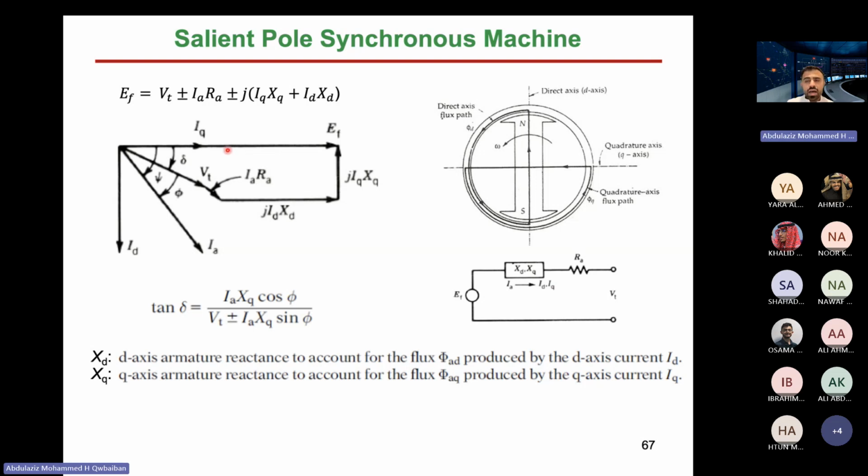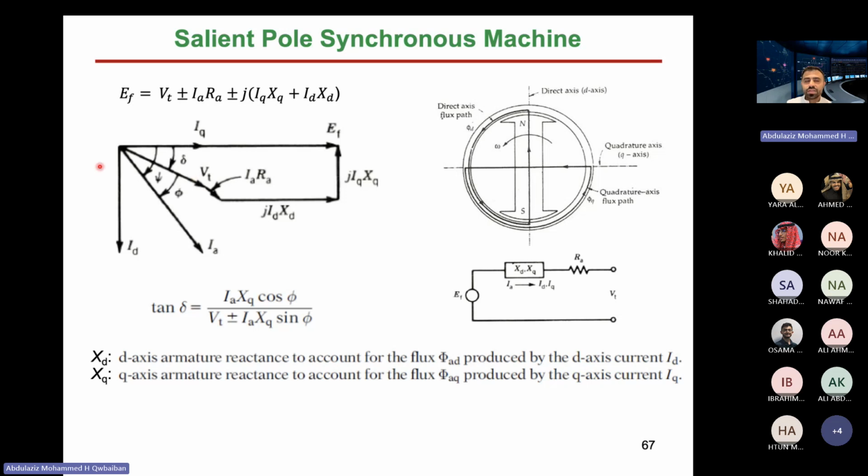It turned out that IQ is in phase with EF and ID is 90 degrees with the EF. If you remember, there is a formula in E360, if I'm not mistaken, the MMF would equal the change of flux. I don't recall the formula right now, but this formula states that the direct current, the current due to this flux, is 90 degrees from the induced EMF or EF.